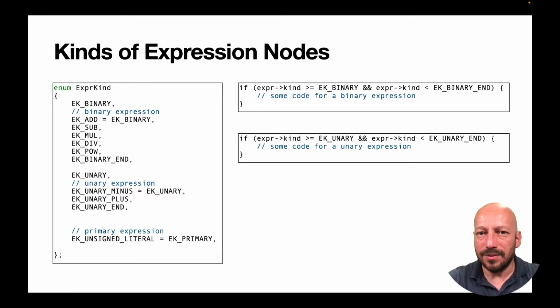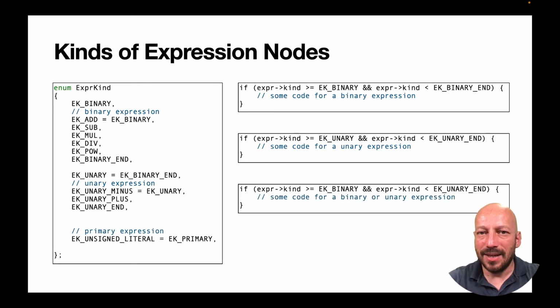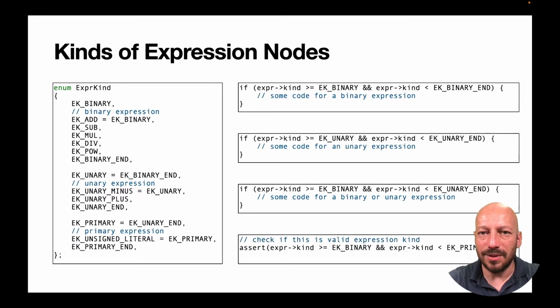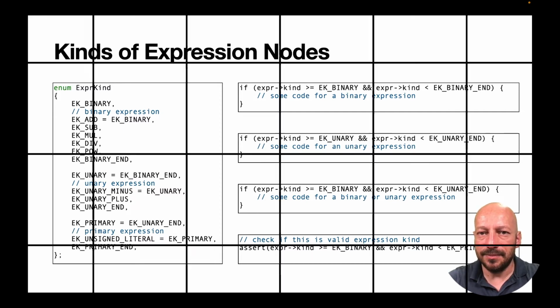To avoid these gaps, you simply use this design pattern that the begin marker for the next group has the value of the end marker of the previous group. And with that, you also, of course, mark the last group for these primary expression nodes. And then it's also simple to check whether you have some valid expression kind at all.